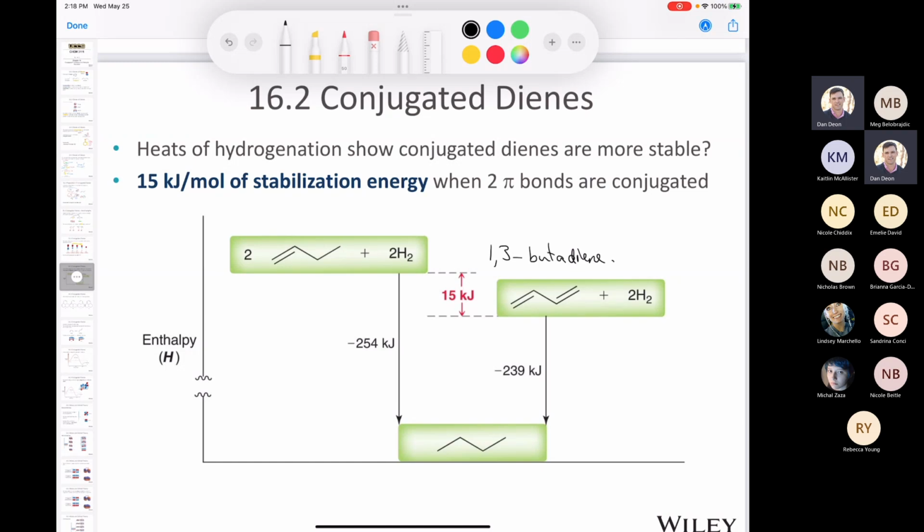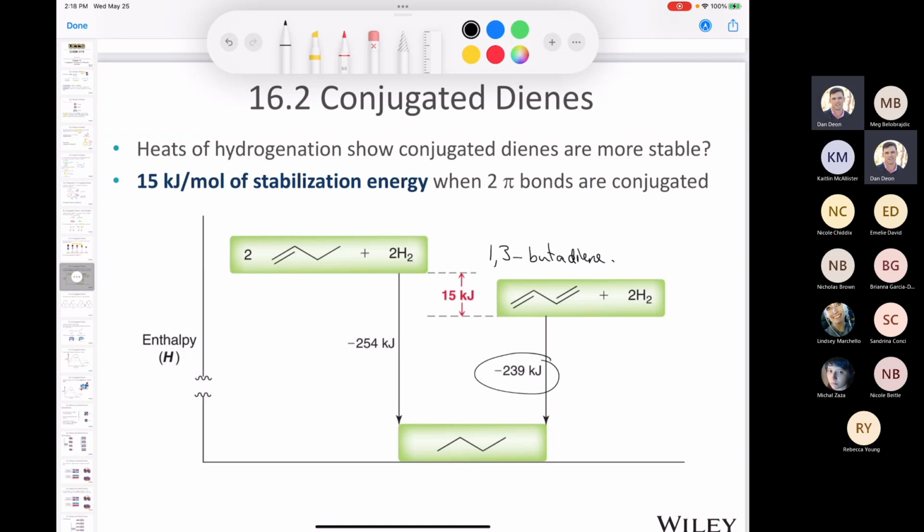If you take 1,3-butadiene and treat it with 2 molecules of hydrogen gas, it's an exothermic reaction, and you end up releasing 239 kilojoules per mole of energy.